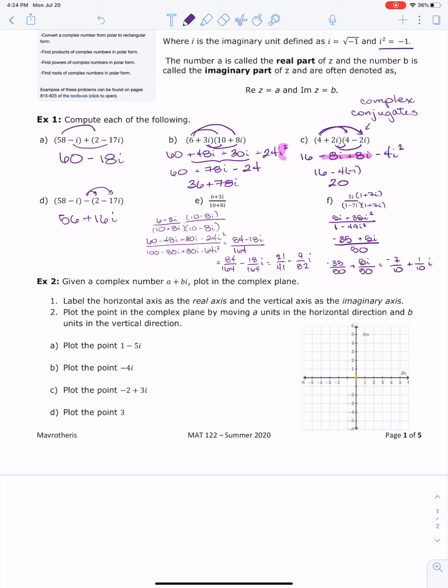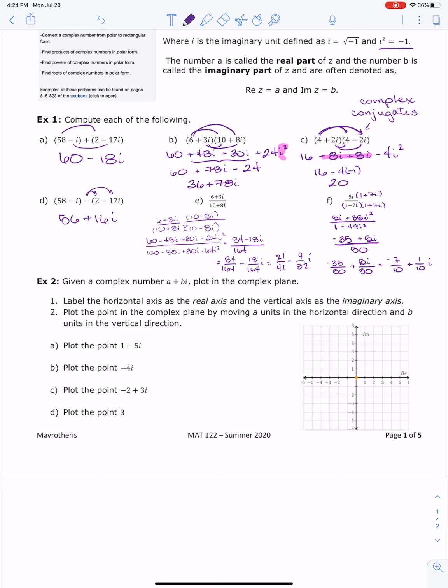Okay, so something new but pretty straightforward. We are now going to graph complex numbers in the complex plane. So we're used to the Cartesian grid with our x being our horizontal axis and our y being our vertical axis.